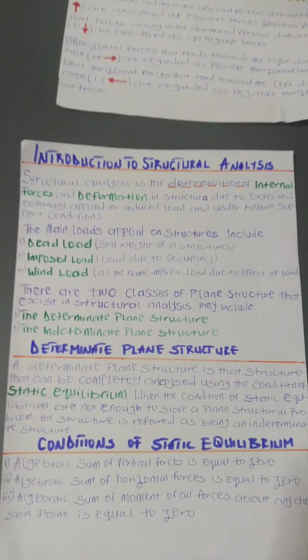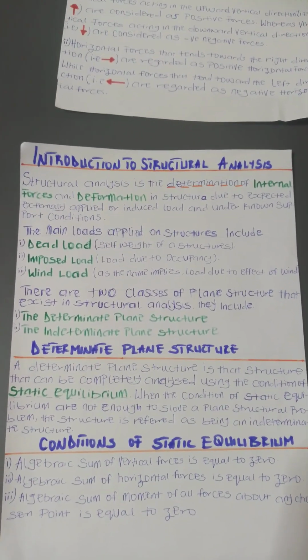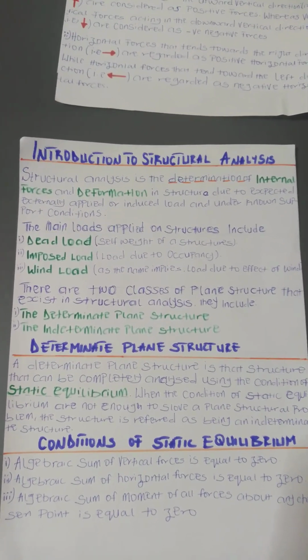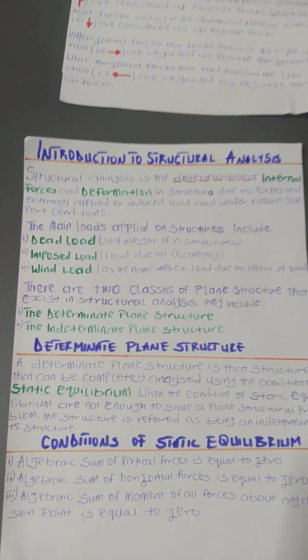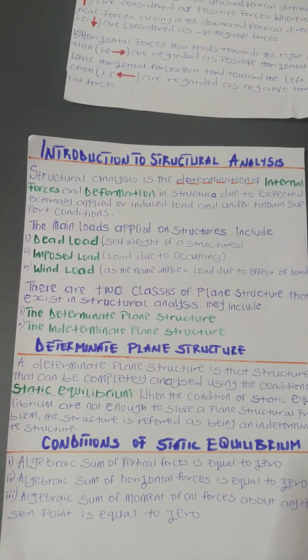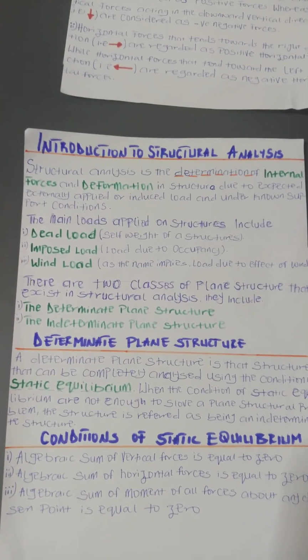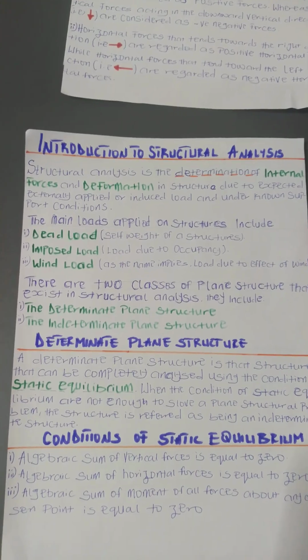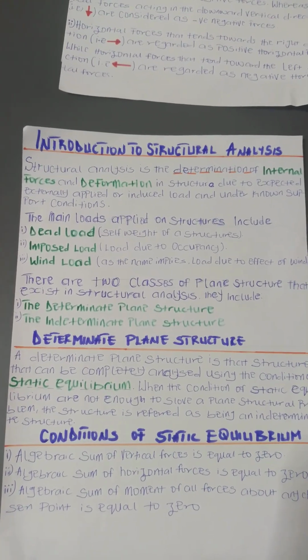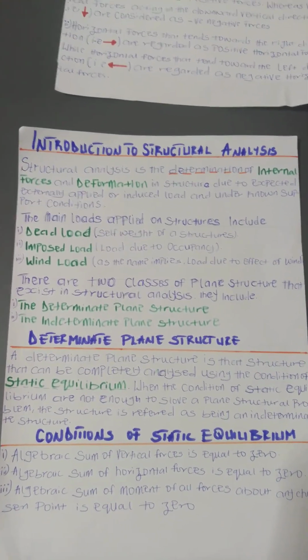So dead load has to do with the self-weight of the building, excluding all loads in the building which are due to occupancy, such as the people living in the house, including the furniture.